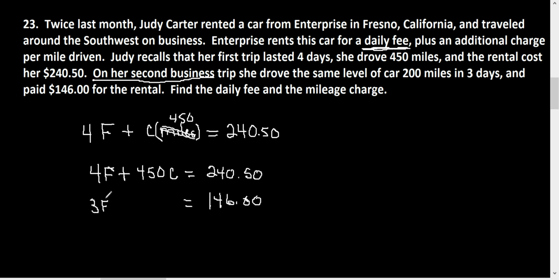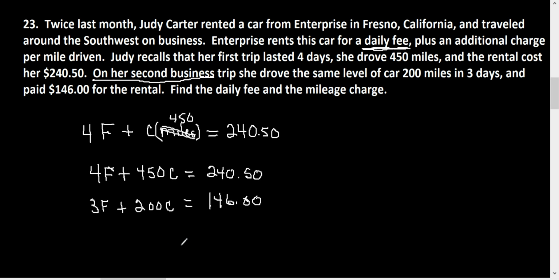I made up these letters for variables. You can make up your own. You may want to put days here instead of F for the fee. 3F plus 200 miles, and there's a mileage charge. Nevertheless, this is the system.